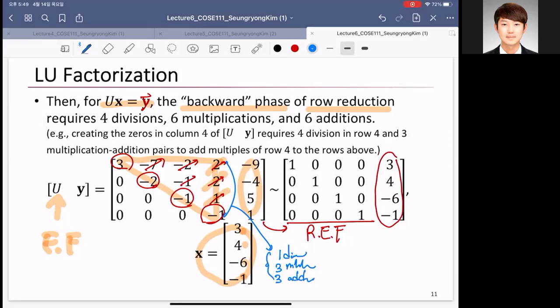Why? Let's assume this is R4, R3, and this is R4. Then, for example, new R3 is going to be R3 minus R4 times the coefficient.